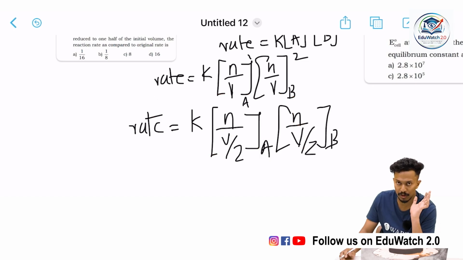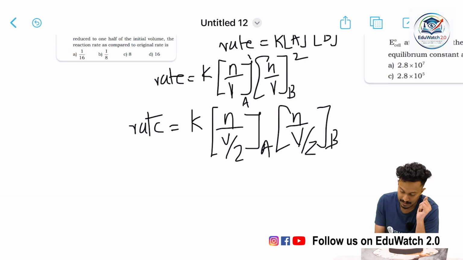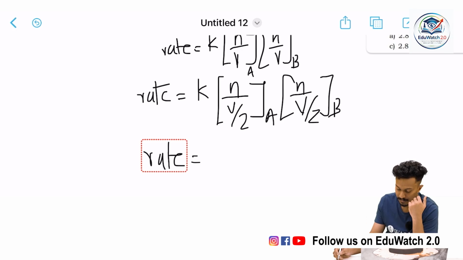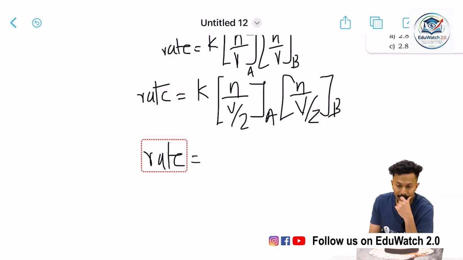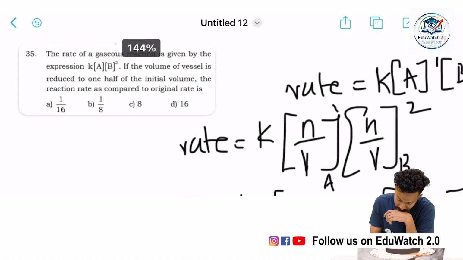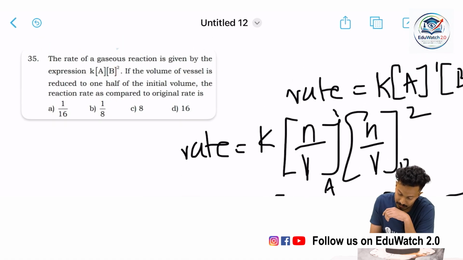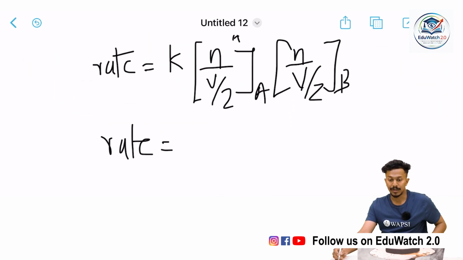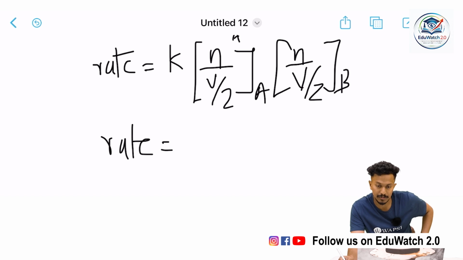Yes, we have reduced the volume in each concentration, and with that rate is equal to K, which goes up, giving 2n by V, 2n by V. Am I right? Volume of the vessel is reduced to 1/2 of the initial volume, so we have V by 2.